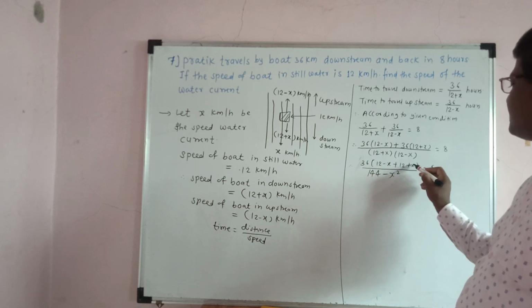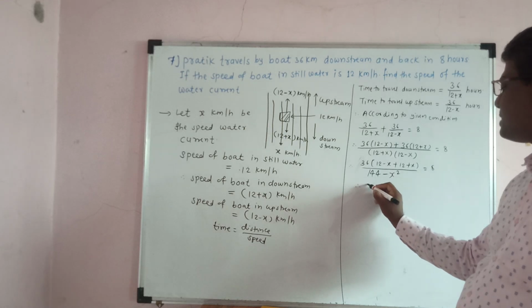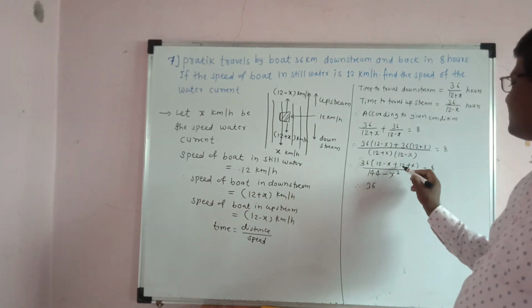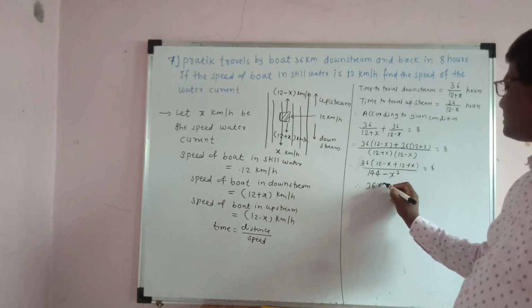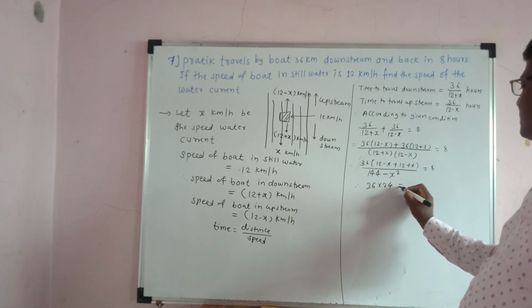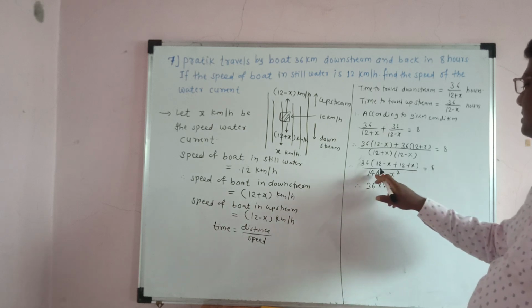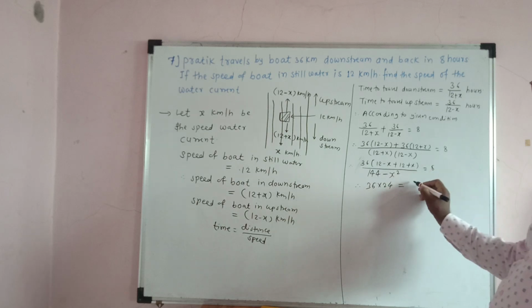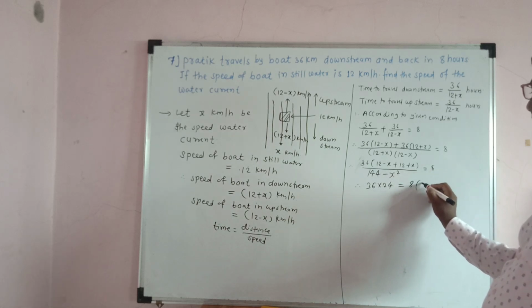Now this x and this x will get cancelled. So what will remain is 36 into 12 plus 12 is 24 is equal to, now take cross multiplication, 144 minus x square into 8.